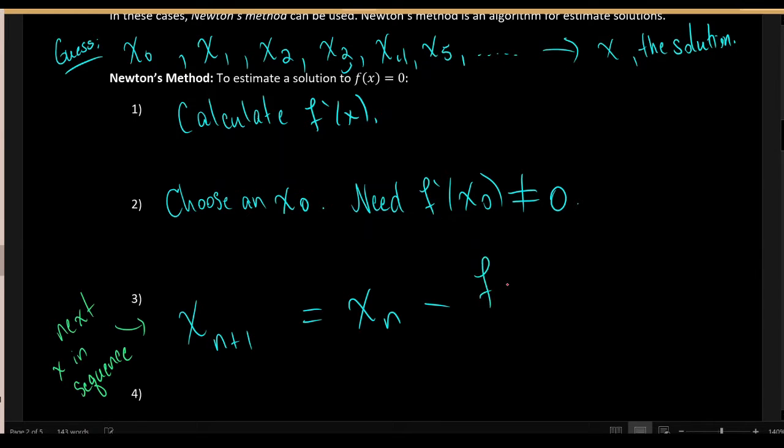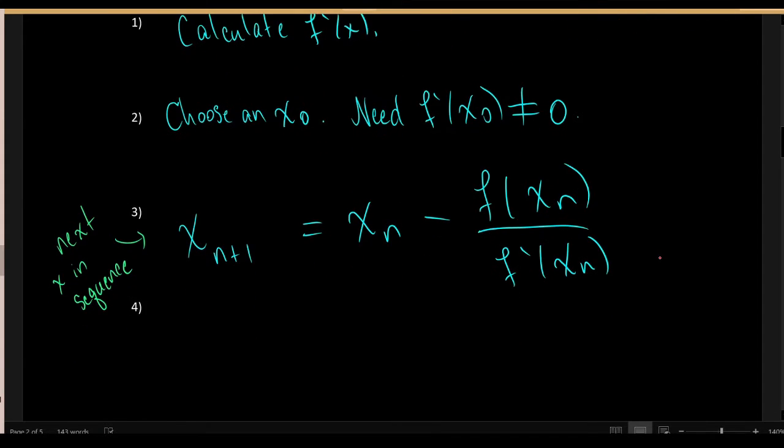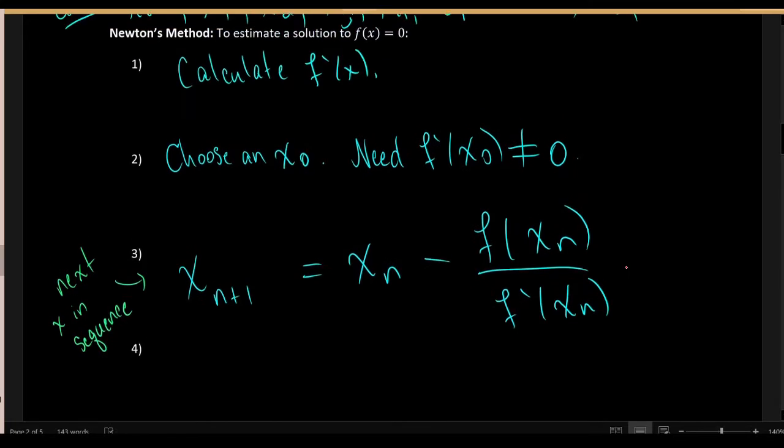what you get when you take the original function and plug in x sub n, and divide that by the derivative with x sub n plugged in. Keep doing this calculation recursively over and over again.